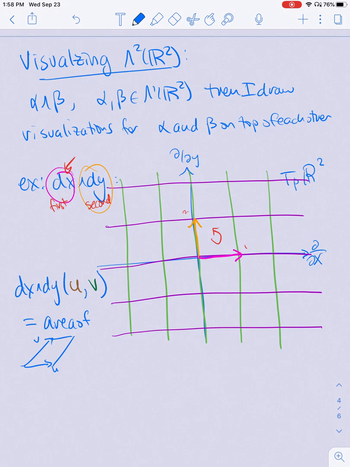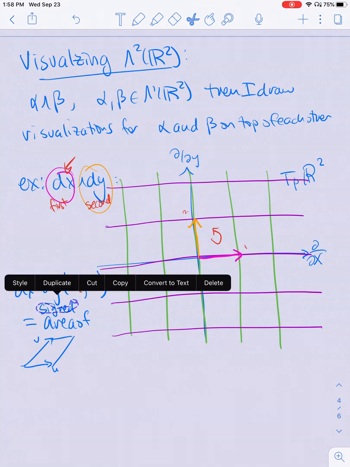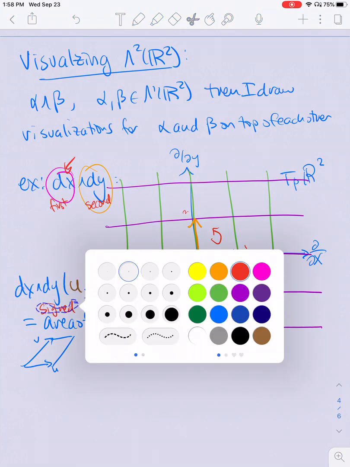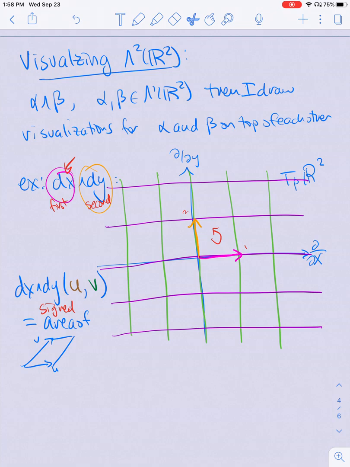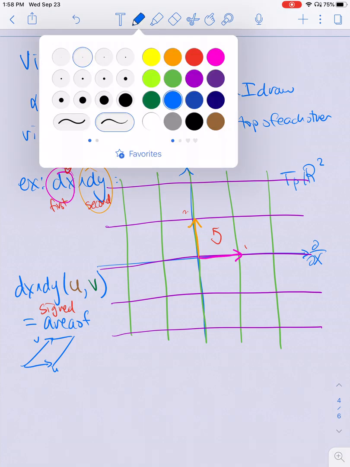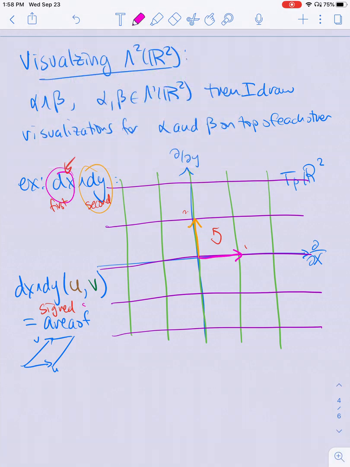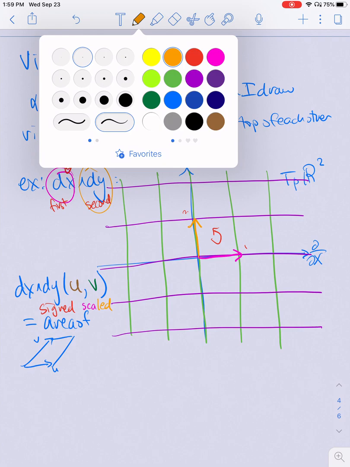But it's not just the area, it's the signed area, and the sign has to do with this little spiral arrow I drew. I'll make that red to remind you. It's also scaled, and the scaling has to do with the orange and pink vectors. So I'll label that in that way to remind you.